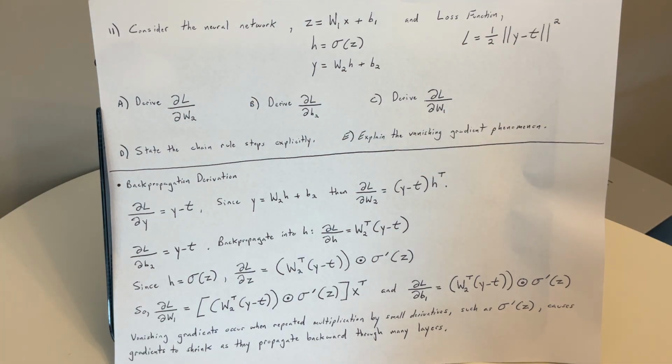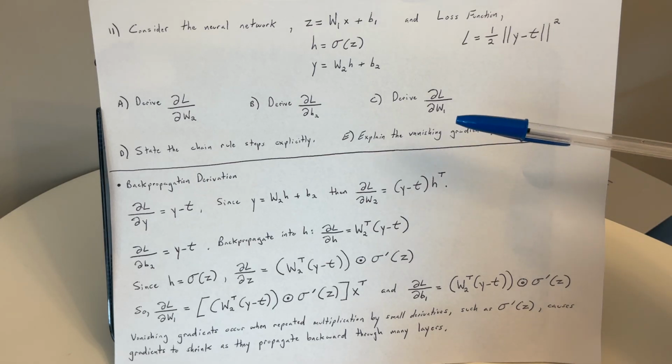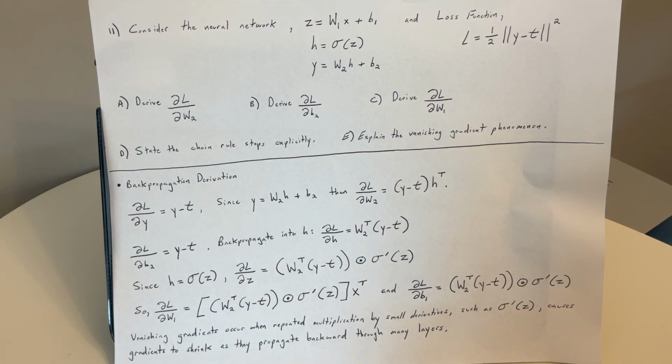So here we have the following. Derive the partial derivative of L with respect to W sub 2. Derive the partial derivative of L with respect to b sub 2. Derive the partial derivative of L with respect to W sub 1. And part D, state the chain rule steps explicitly. And part E, explain the vanishing gradient phenomenon.